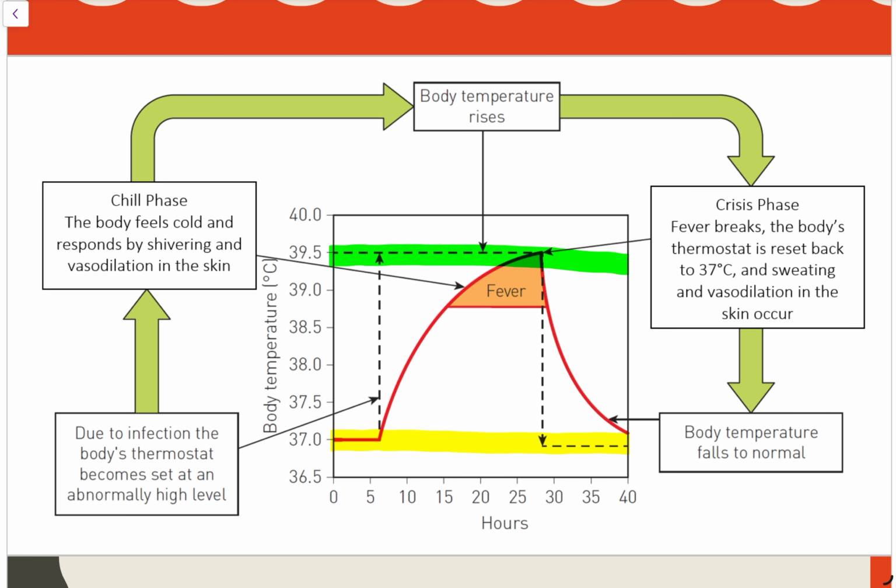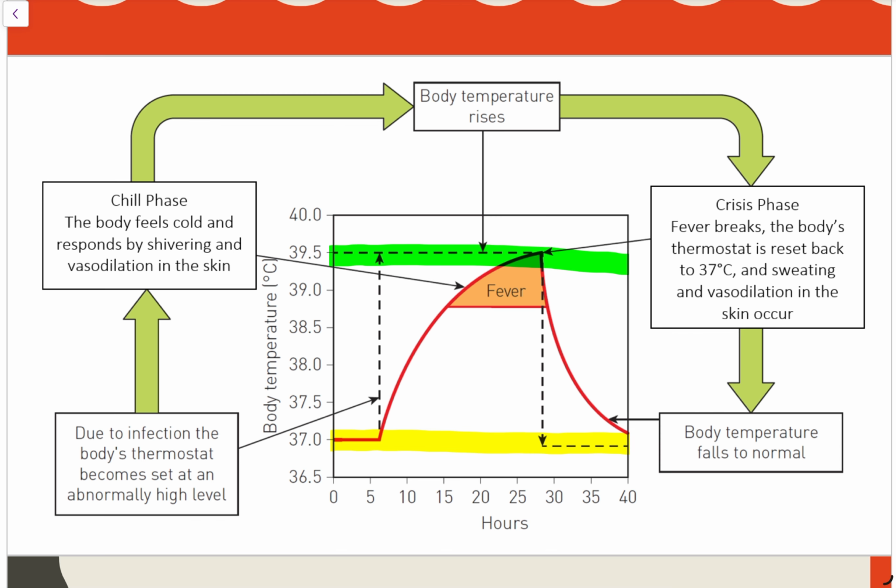So as a consequence of that, the body feels really cold because we're below the body's set point now. So how does your body respond to being cold? Well, we shiver and we have vasodilation of the blood vessels in the skin. Okay? This causes us to warm up, and so our body temperature rises. Now, eventually, the fever is going to break. Okay? And when the fever breaks, this means that the body's thermostat is then reset back down to 37 degrees.